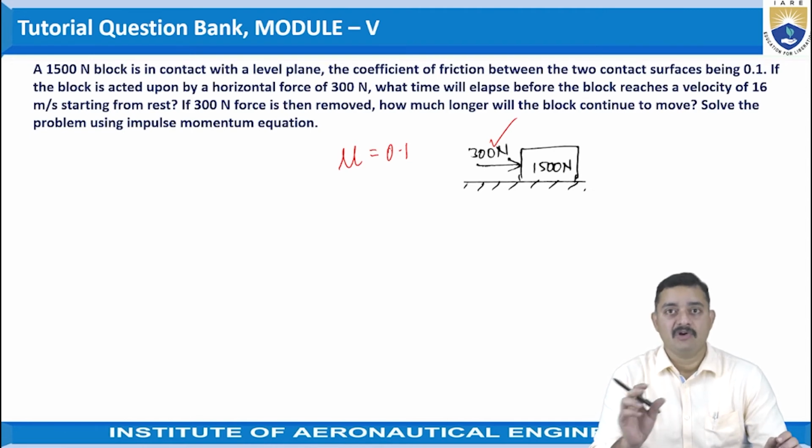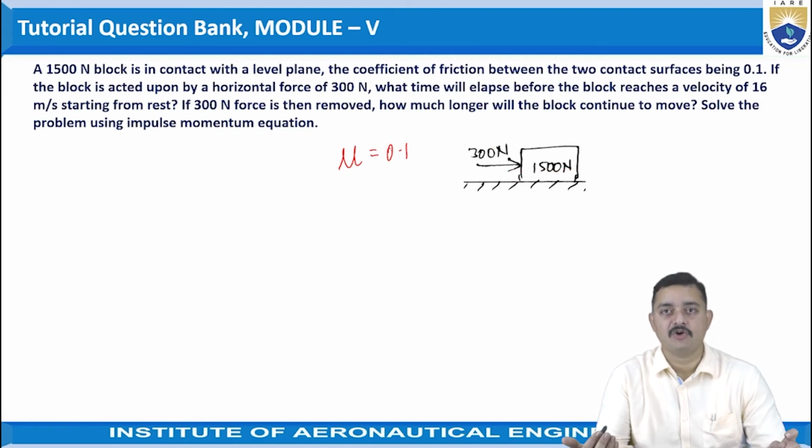Even though the block is moving, there is some friction acting between the contact surfaces, that is, on the level plane. So what happens? After a certain distance, it will stop. That means again the block will come to rest. So here it is being asked, when will the block come to rest after the removal of the force of 300 newtons?